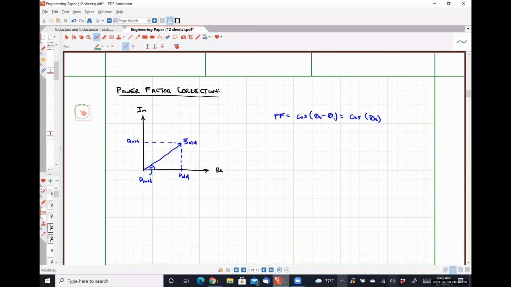So if instead we held the average power constant, this will be S new, and the projection of S new gives us some new reactive power, Q new.